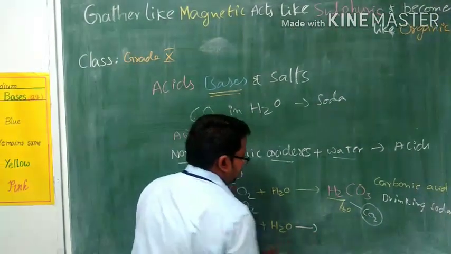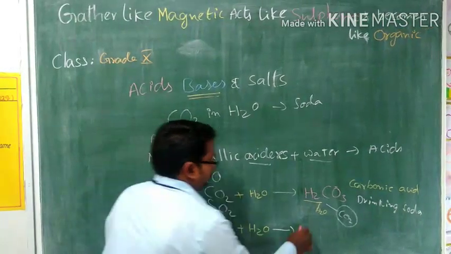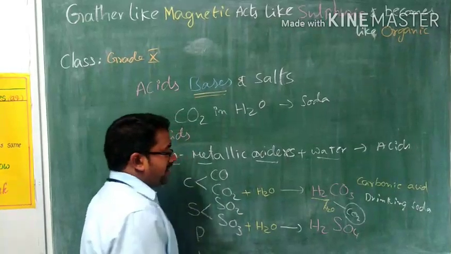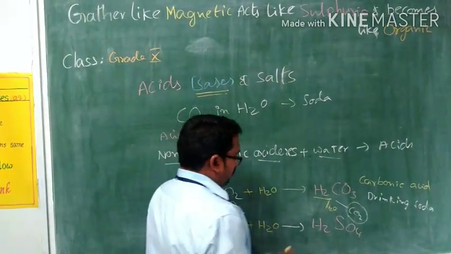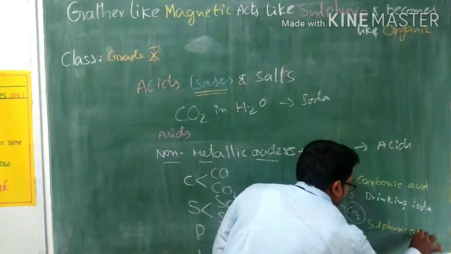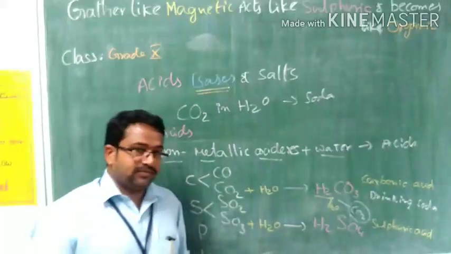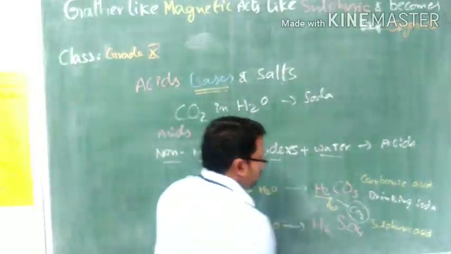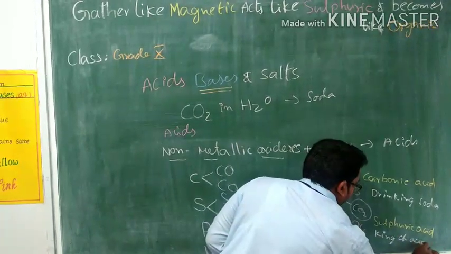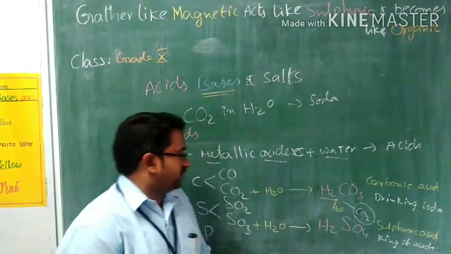It will give H2SO4. It is called sulfuric acid, which is the chemical name. There is a common name for this, the king of acids. So you should remember the common names as well as the chemical names.